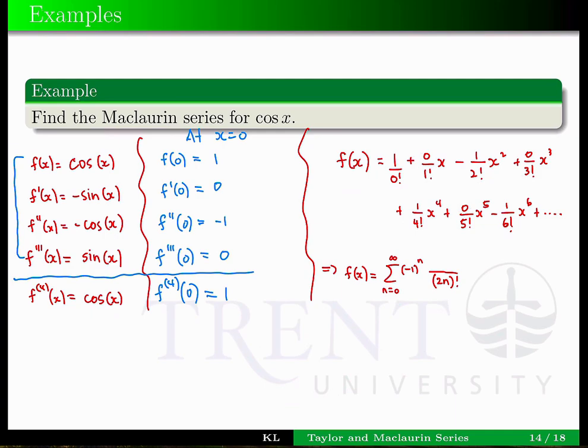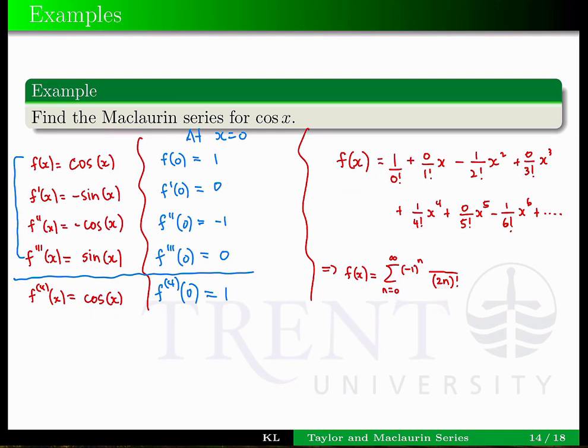Are we seeing this? When n equals 0, negative 1 to the 0 is positive 1, 0 times 2 is 0, 0 factorial. When n equals 1, negative 1 to the n is negative 1, so negative here, 1 times 2 is 2, 2 factorial. When n equals 2, negative 1 to the power 2 is positive, 2 times 2 is 4, 4 factorial.